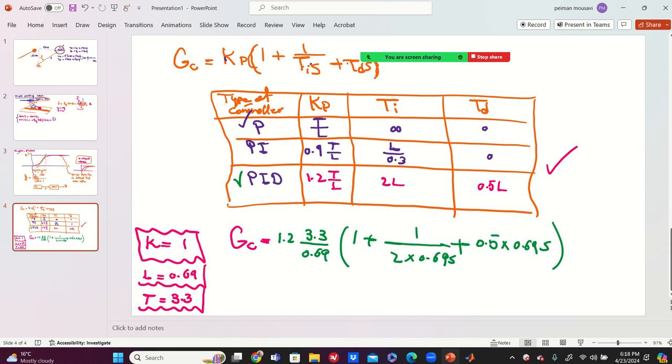Because when I said your num is that, it means your Y over X was this, guys, truly: 1 over (S plus 1) cubed. It means you have three repeated poles: P1 equals P2 equals P3 equals minus 1. We very rarely have such a system. That's why Ziegler-Nichols is good, but only at some levels.